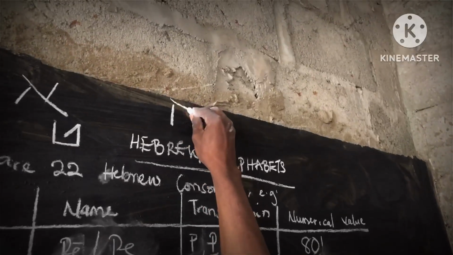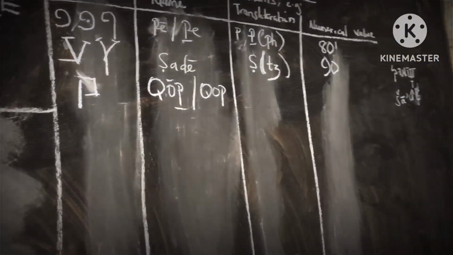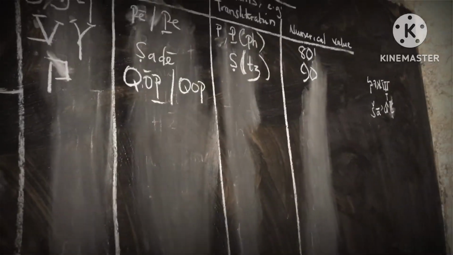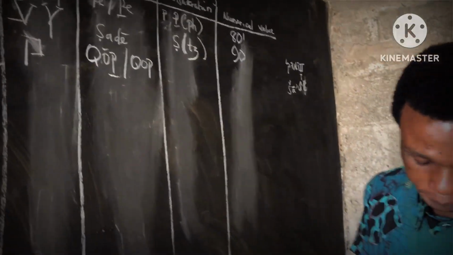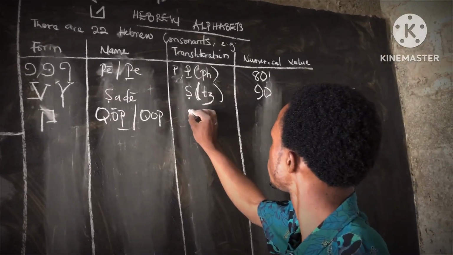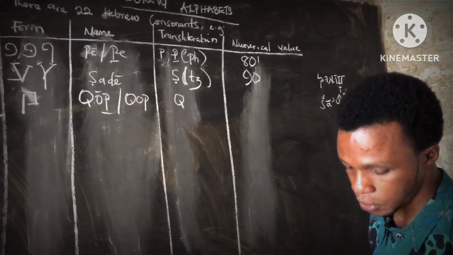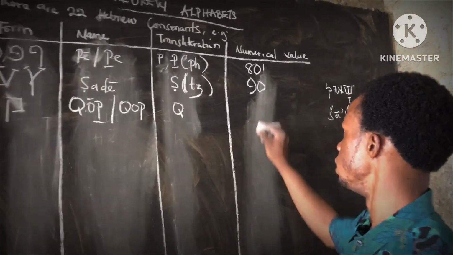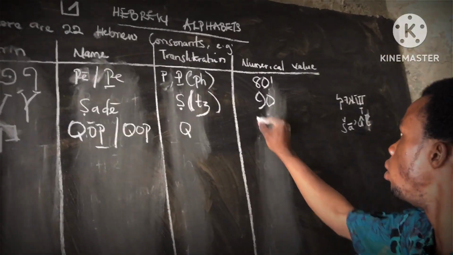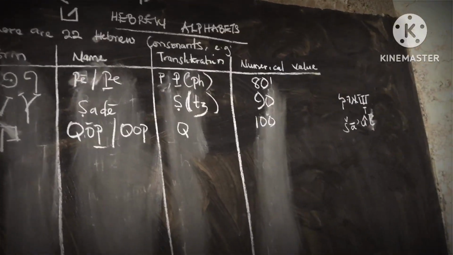That is Kof. Kof simply represents Q. And if you add 10 to the last number, it will be 100.